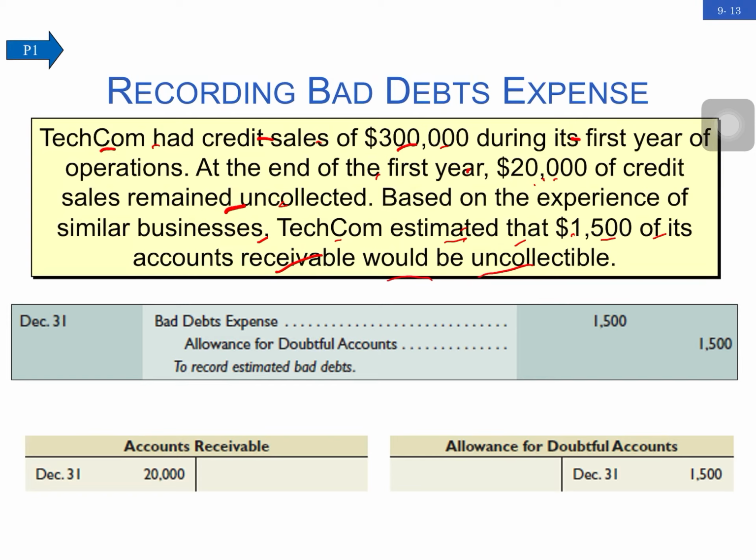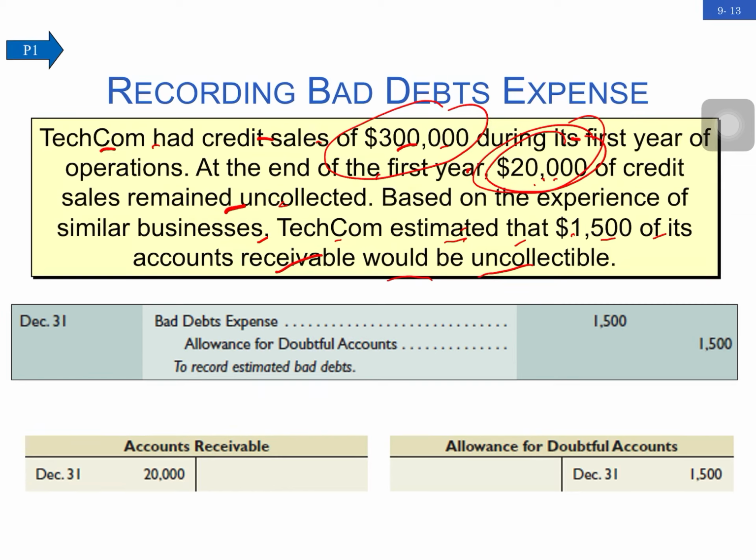Okay, so the company has 300,000 of credit sales, but at the end of the year, 20,000 remain uncollected. Maybe it already passed the deadline, but the customer still has not paid their debt.